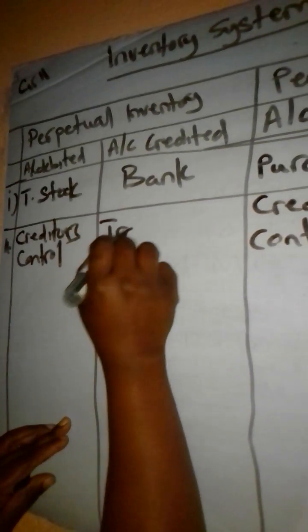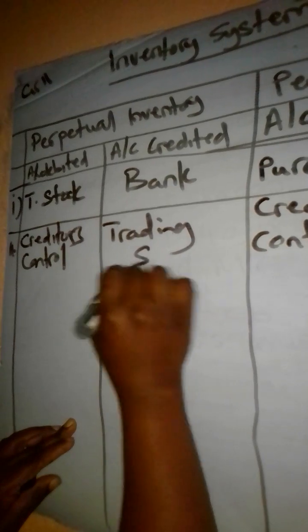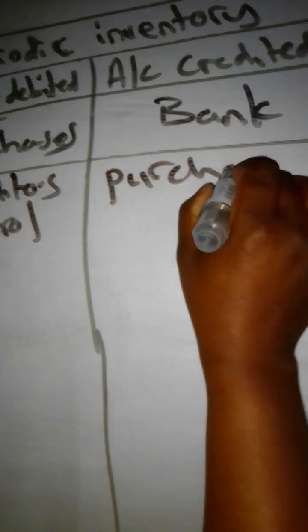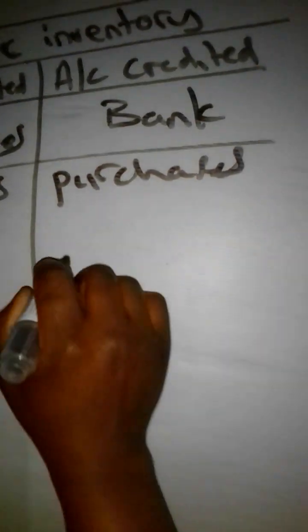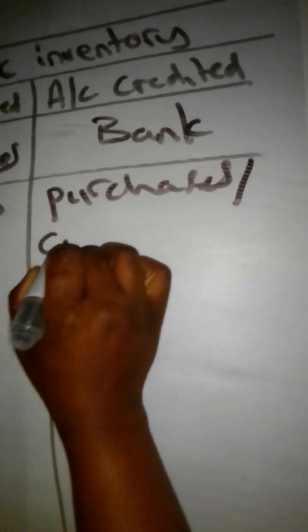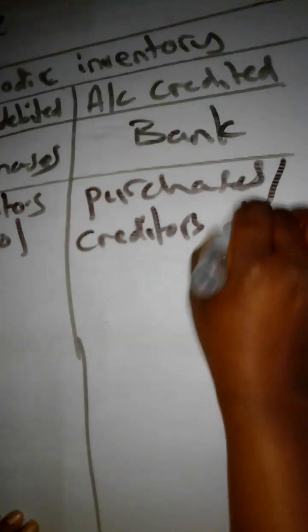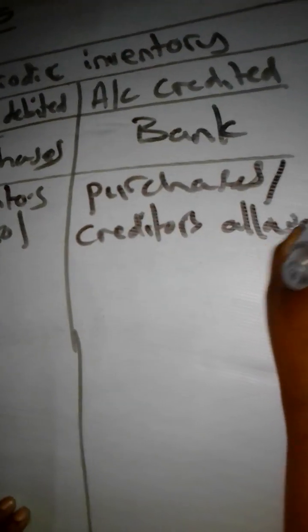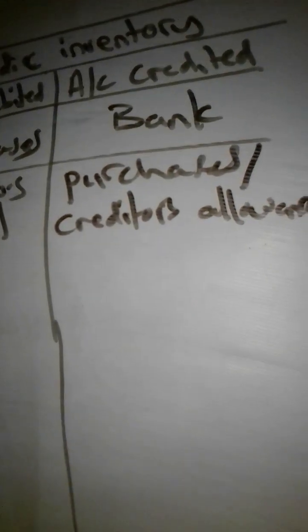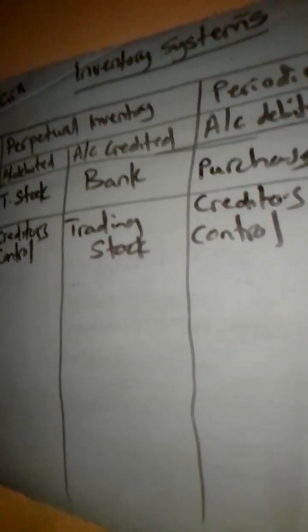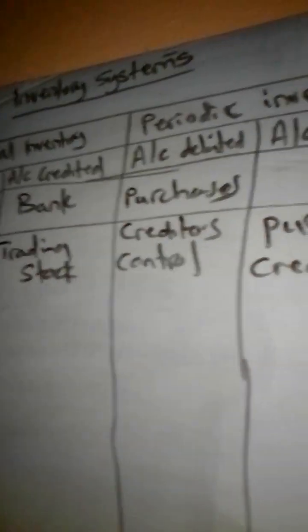So here the trading stock is decreasing. We show that by crediting it. And then on this side, we are going to credit the purchases because they are also decreasing, or we can indicate creditors allowances. This is how we record transaction number 2 according to the perpetual inventory system and the periodic inventory system.